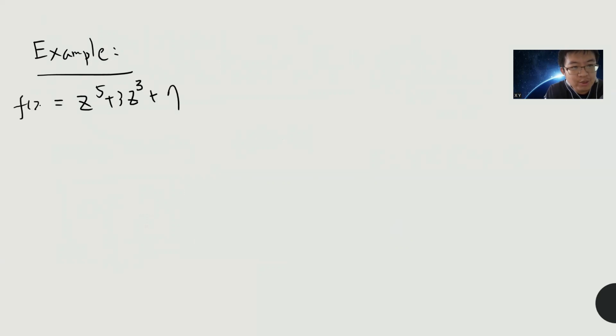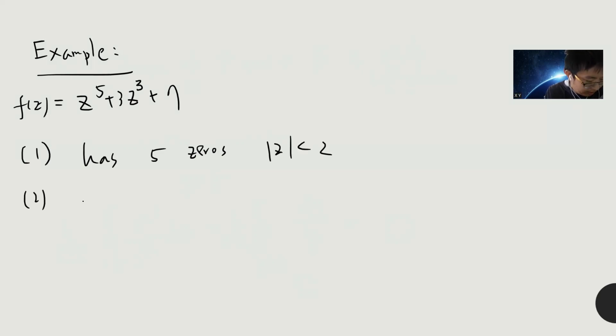So if you consider f of z to be this, you claim first that it has 5 zeros in the disk |z| less than 2, and that it has no zeros in |z| less than 1.